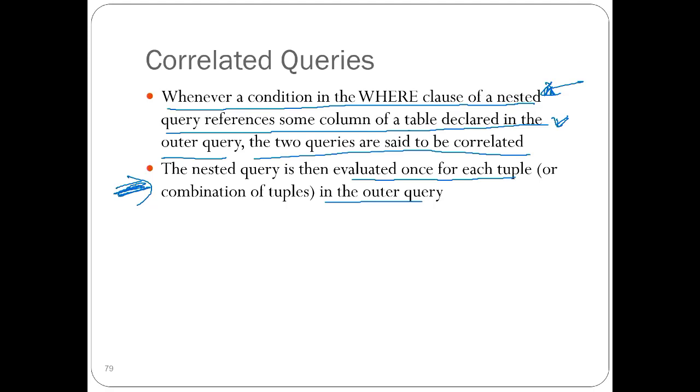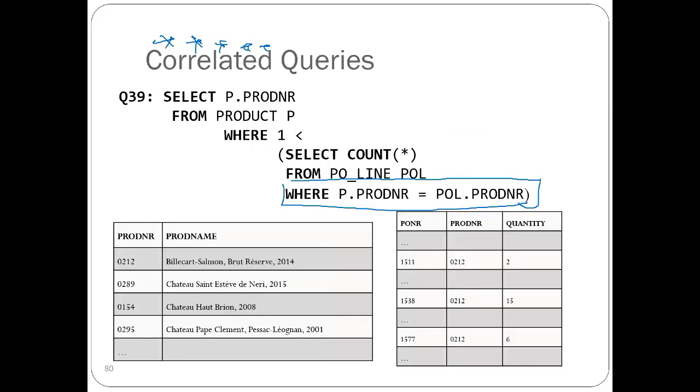Whenever the condition in the where clause of a nested query, nested meaning the inner query, references some column of the table declared in the outer query, then the two queries are said to be correlated. Look at the where clause of the nested query or the inner query. How is that written? Where P dot product number.